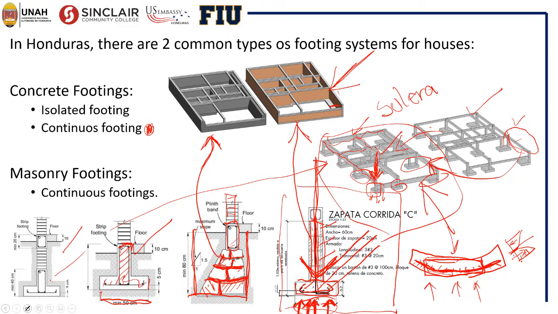This longitudinal rebar has the same function as the rebar in a beam. For example, imagine just this section is this one, and by having some loads that come from the columns, we have this kind of beam over elastic supports, and we will have a kind of behavior like this.